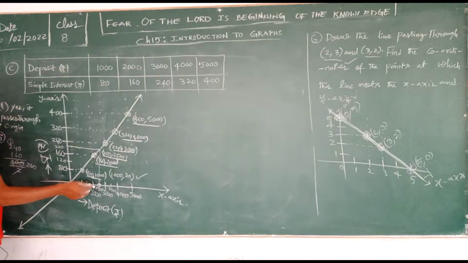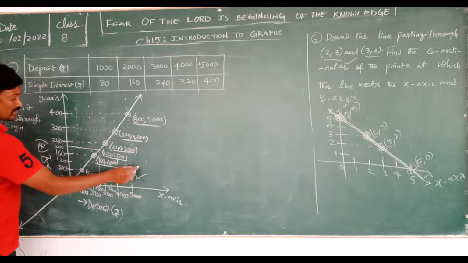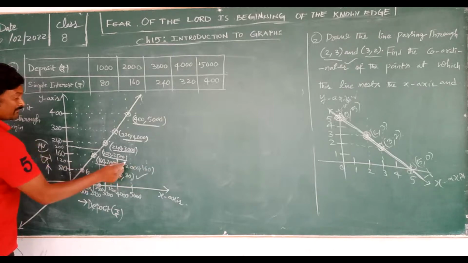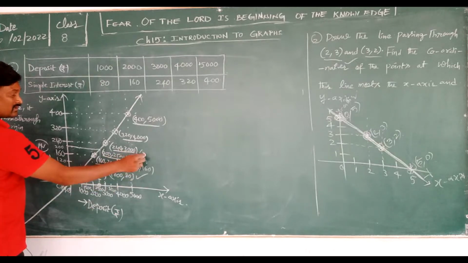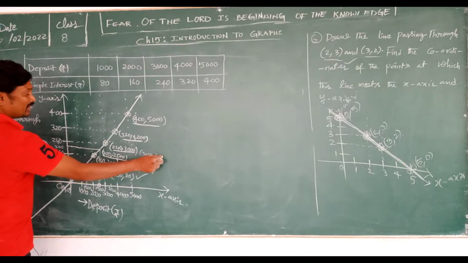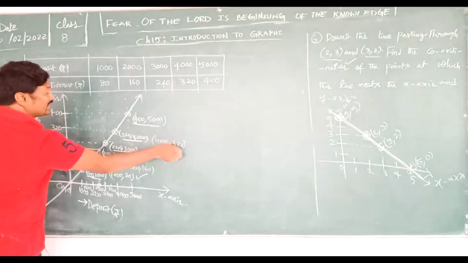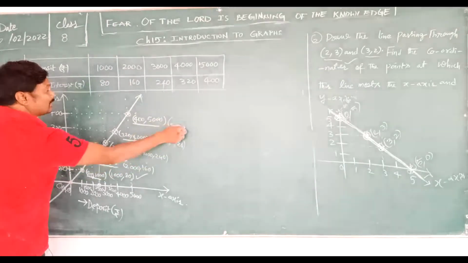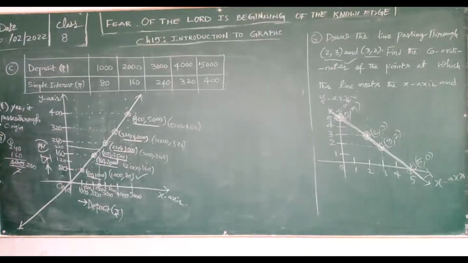Okay, next one, you found 160 comma 2000, which means you need to write 2000 comma 160. Why do we need to write in this way? Because always the x coordinate first, the y coordinate second. Similarly, 3000 comma 240. Next one, 4000 comma 320. Next one, 5000 comma 400. Remember that you have to change them by yourself.